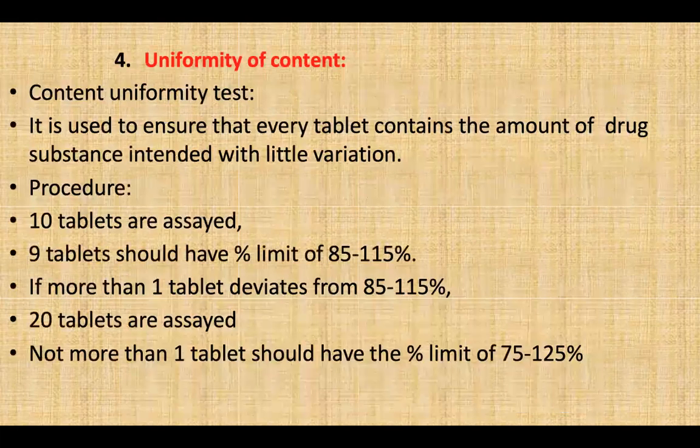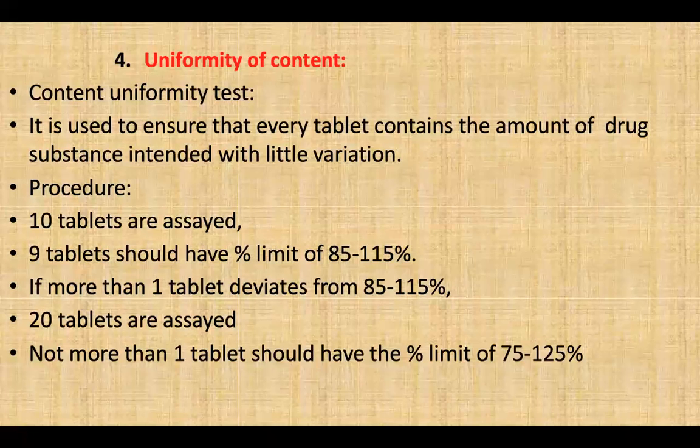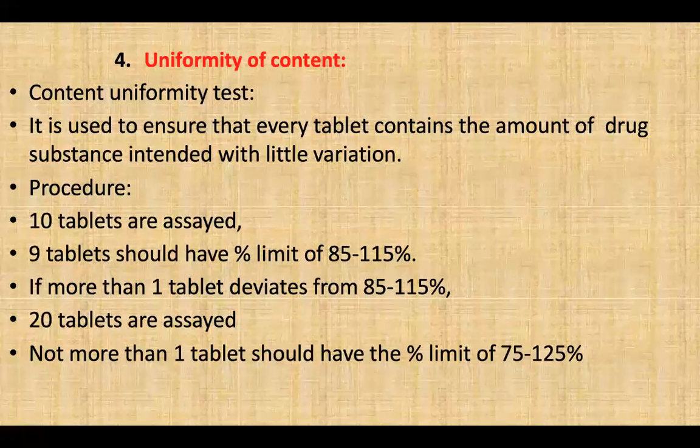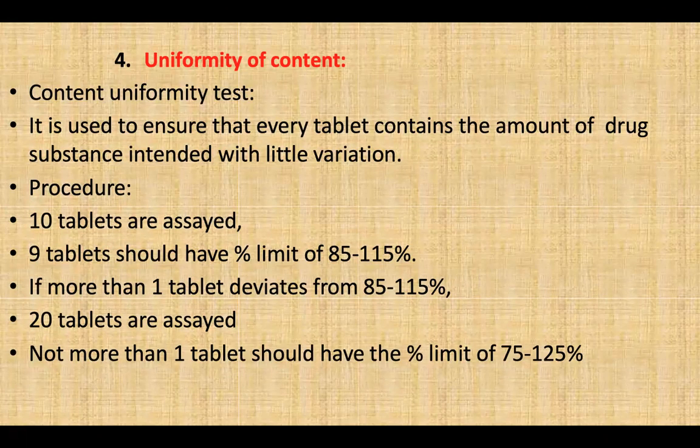Uniformity of content. The content uniformity test is used to ensure that every tablet contains the amount of drug substance intended, with little variation. The procedure is that 10 tablets are assayed. 9 tablets should have a percentage limit of 85 to 115 as per the pharmacopoeia. Suppose the tablet has 100 milligram, then 15 is allowed plus minus, meaning there can be 15 on the lower side and 15 on the upper side.